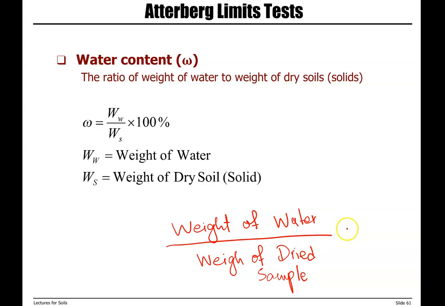That is the general formula to calculate moisture content or water content. So you need to see how much water you have in your sample, then dry your sample, divide weight of water by weight of dried sample, and you have your moisture content.